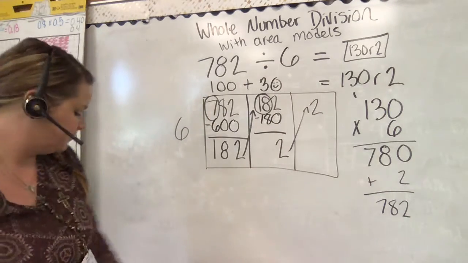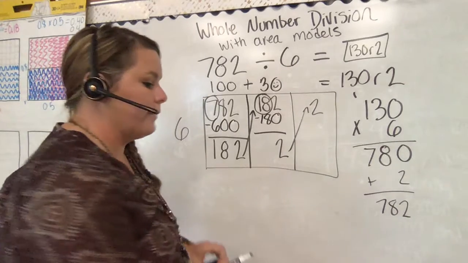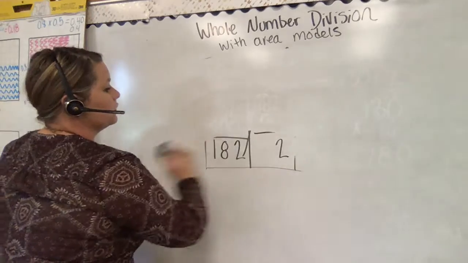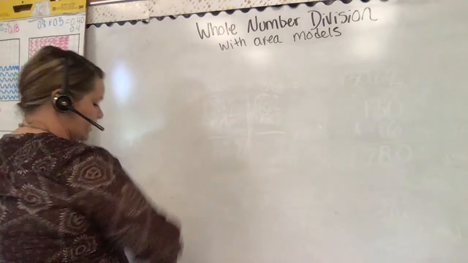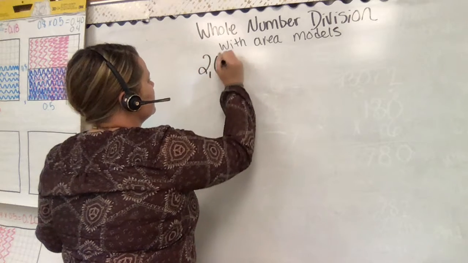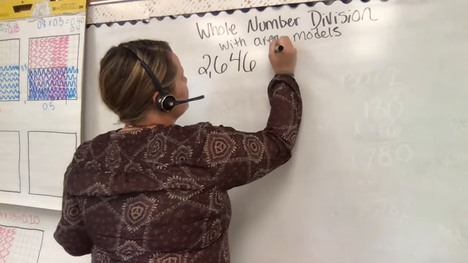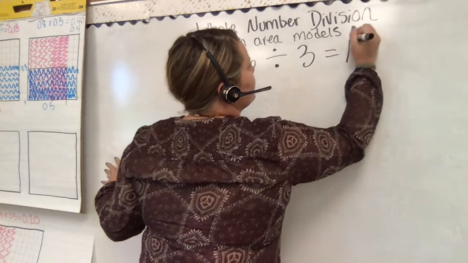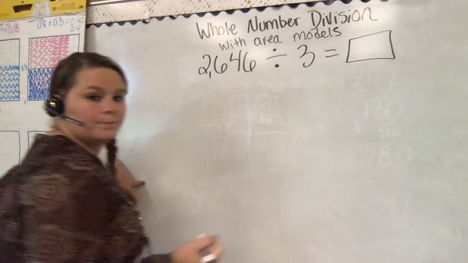All right, so I'm going to wrap this up by doing one more problem, and in this problem we have a larger dividend. So this time we're going to divide 2,646 divided by 3. And we're just going to take it in small steps, just like we did previously.